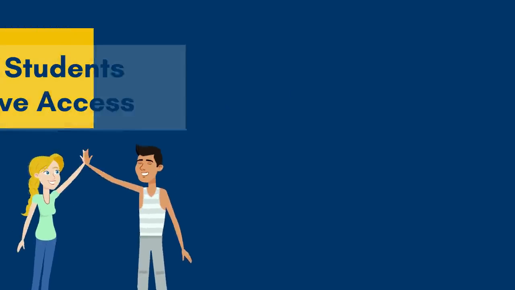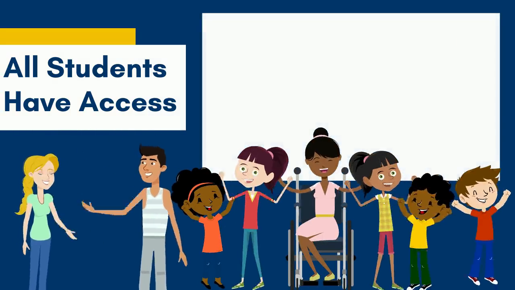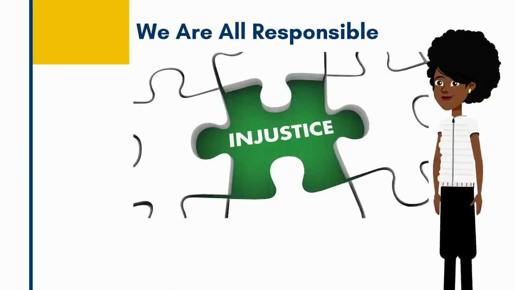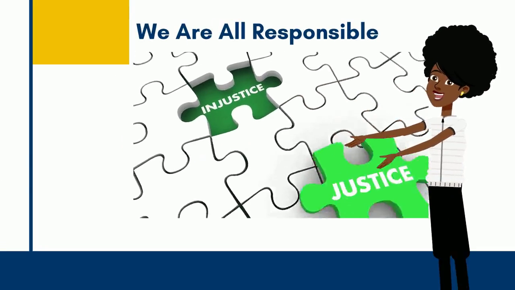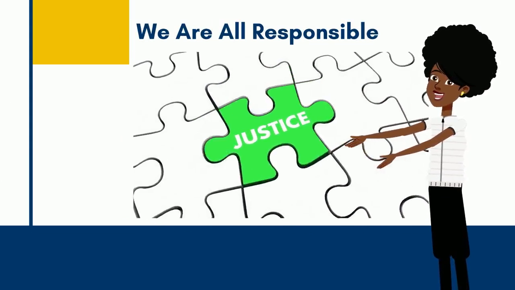All students have access to a good education regardless of who they are, what their backgrounds are, where they live, or where they're from. Social justice in education means that all of us, educators or not, as citizens in our society must advocate for our students, fighting for equitable access to education.